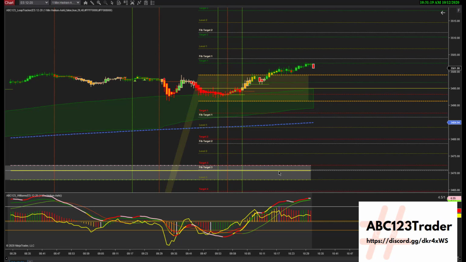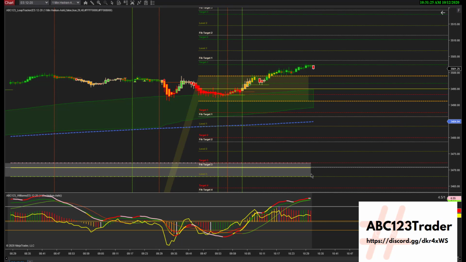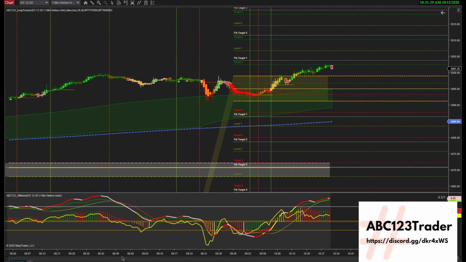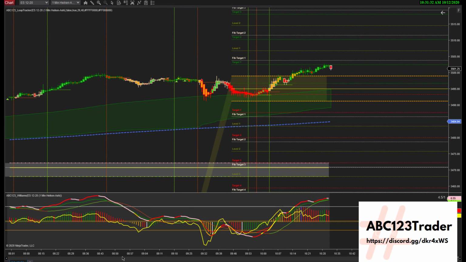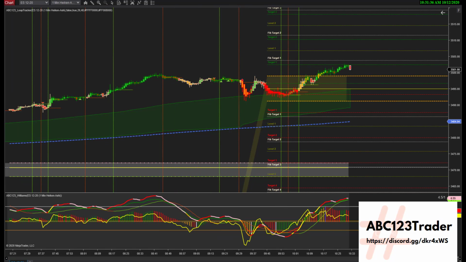So our Market Maker is way down here. Unless we have a major 30-point drop, hit down here, then we'll have to worry about it. But at this point in time, I think today we'll be fine.